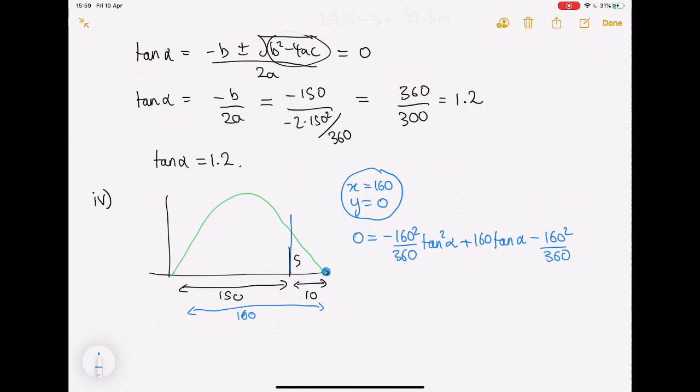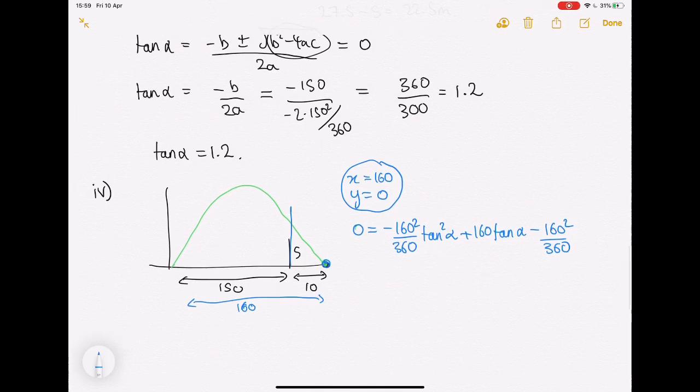And that is a quadratic equation in tan alpha, and it's not a particularly nice one. So just solving that using your calculator, you end up with tan alpha equals 9 plus or minus root 17 over 8.